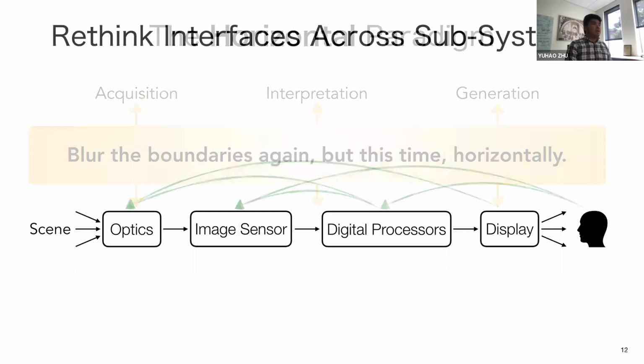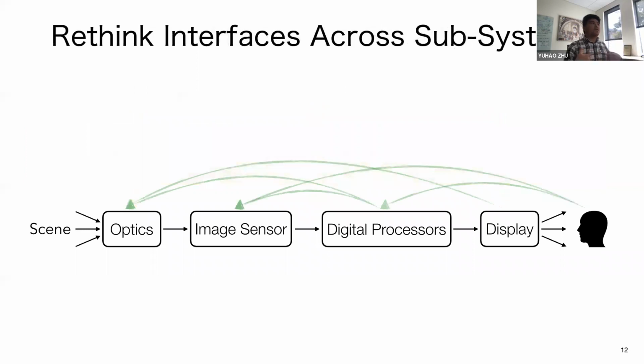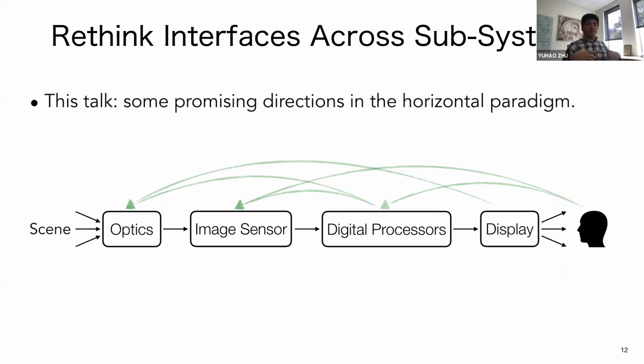Another way to say this is that now we have to rethink the interfaces or abstractions across these domains, across these subsystems. And this talk is going to be a whirlwind of some of the most promising and, I think, exciting directions in this horizontal paradigm. And I'll talk about some of our recent work in the horizontal paradigm here.